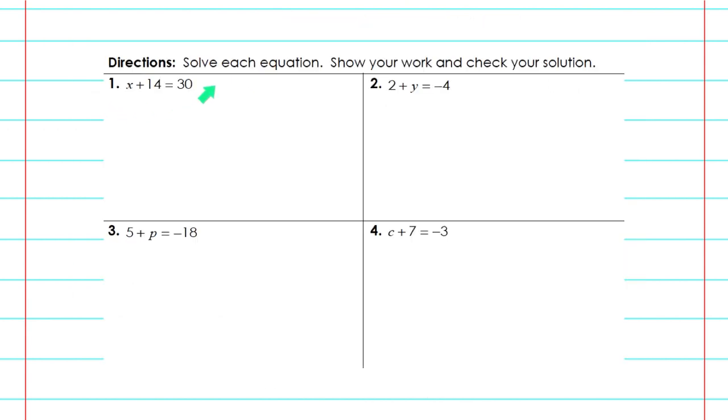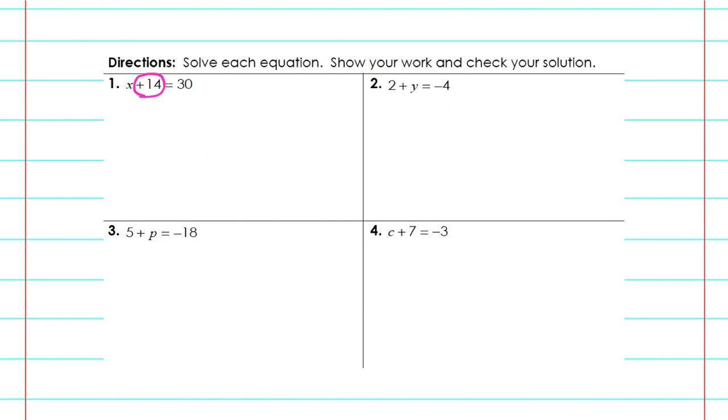Okay, so now let's look at some of the examples we have here. I want us to show our work so we can prove that, and then I'll show how you check your solution also. Looking at number 1, I have x plus 14 equals 30. So I want to leave the x on the left-hand side. I have plus 14 here.